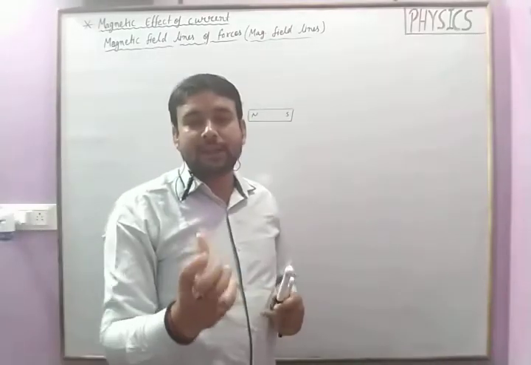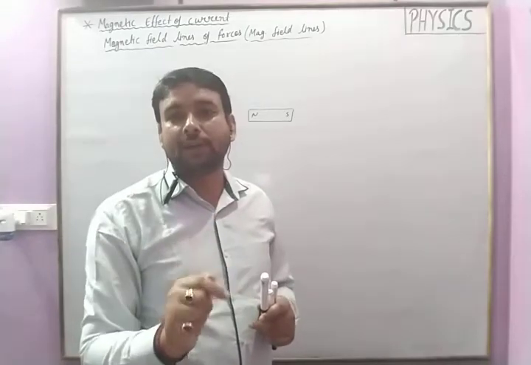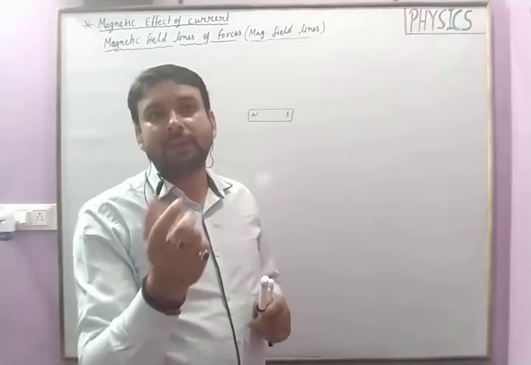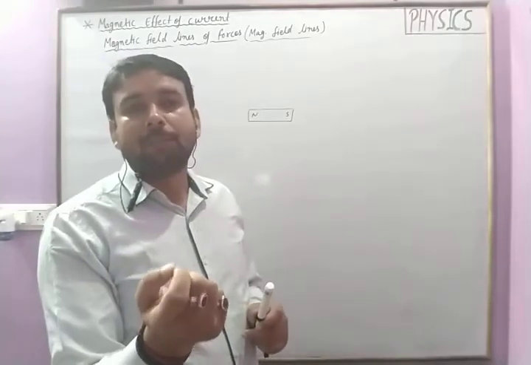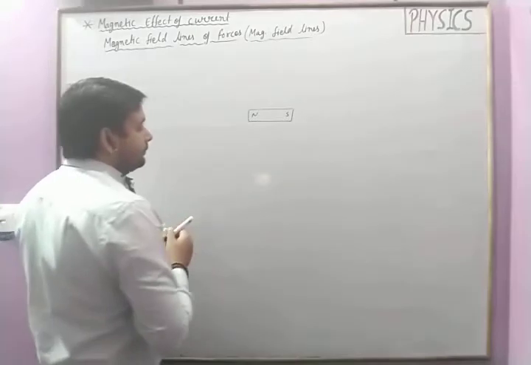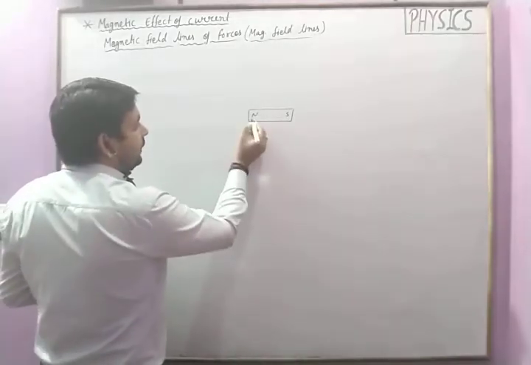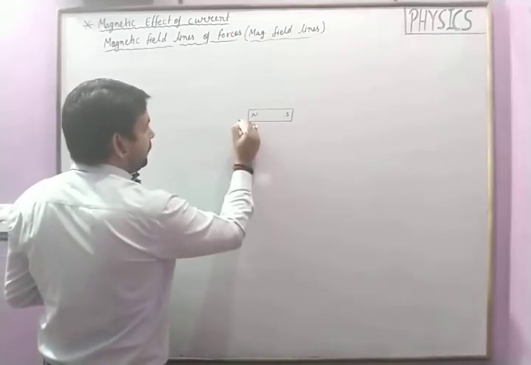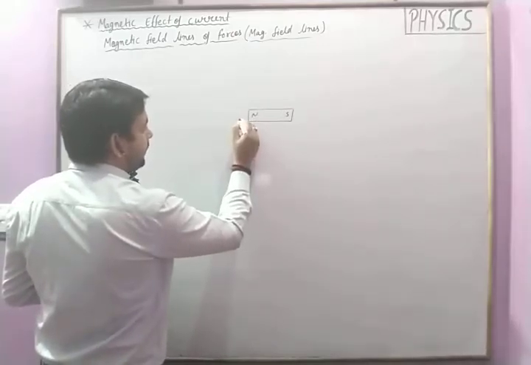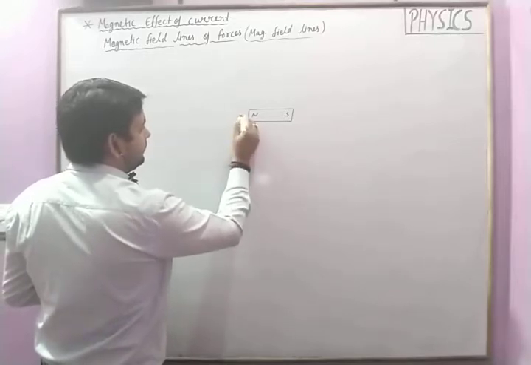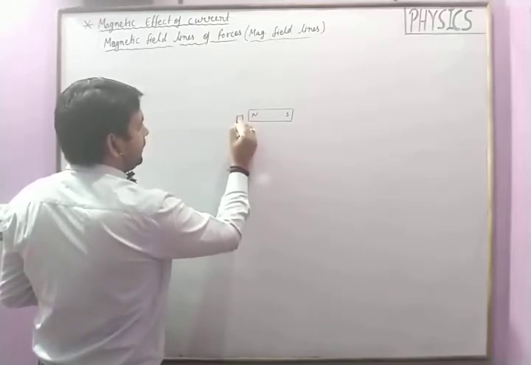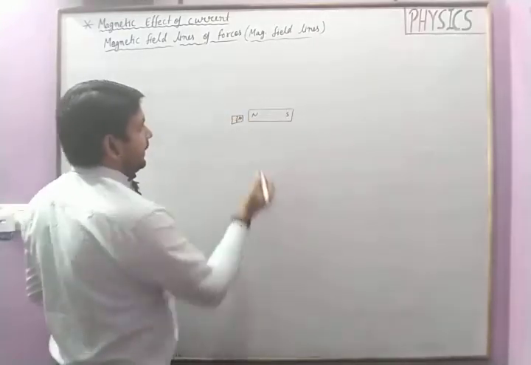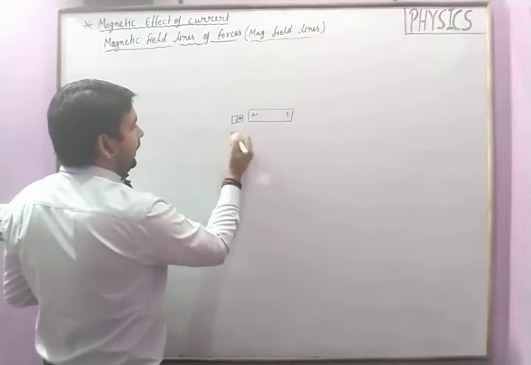To describe the direction of the field line for a bar magnet, we use a magnetic needle. Suppose we place a magnetic needle with its north pole toward the north pole of the magnet, we observe that they repel each other.